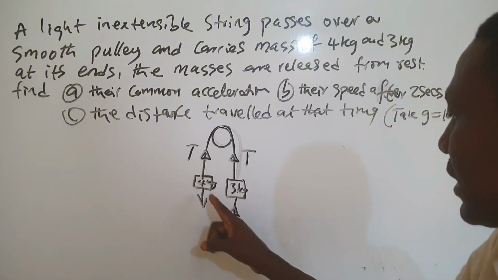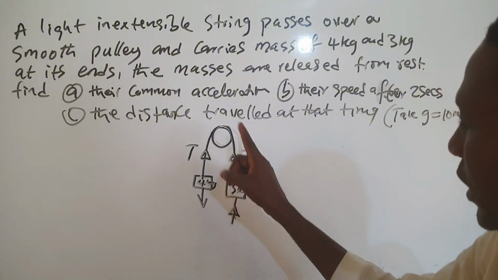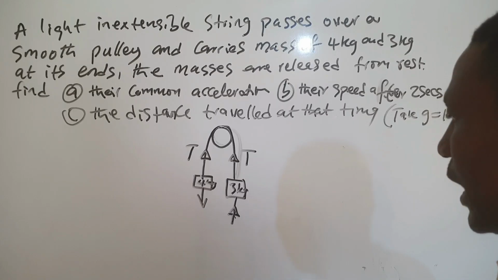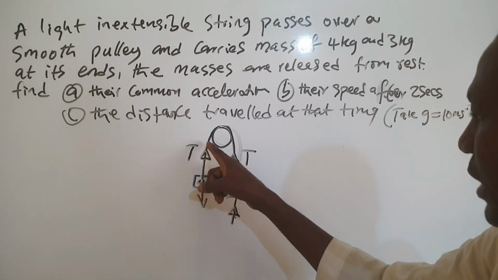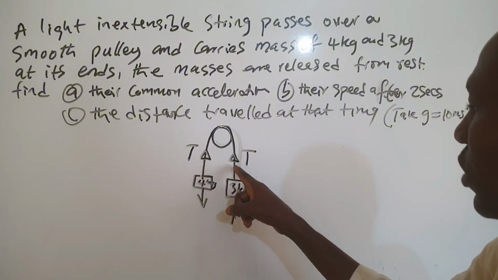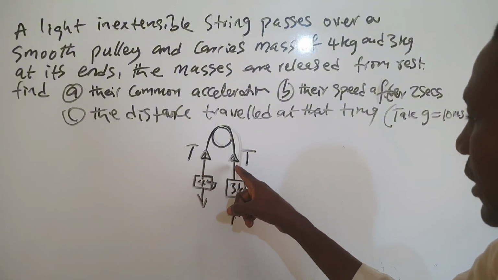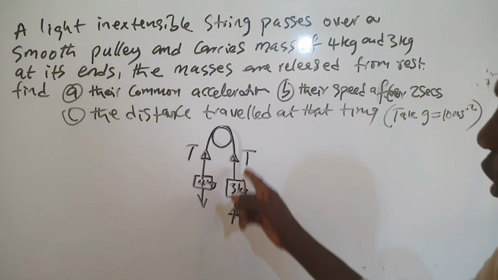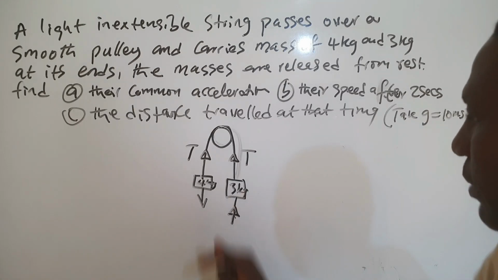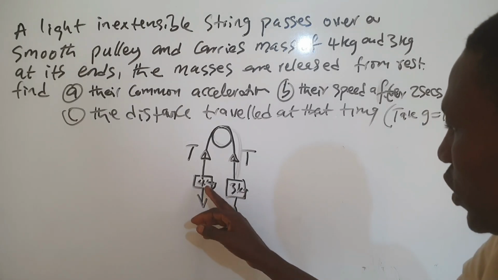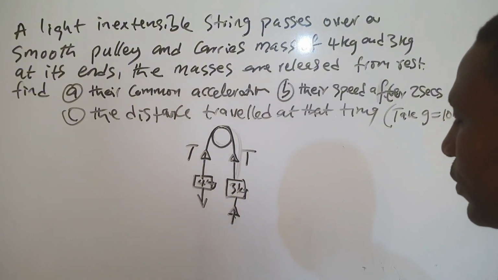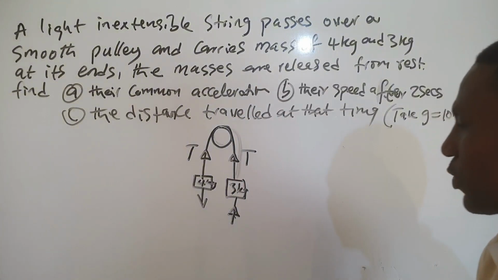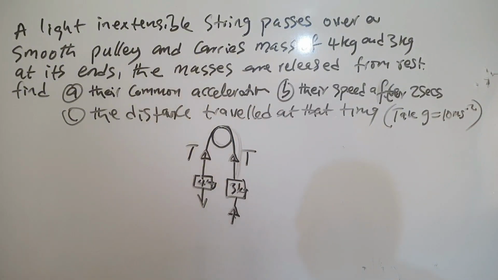As this one is going down, the other one is going up with common acceleration. The same tension that is acting on this one will be the same tension acting on this one, because the rope is common to them. The speed at which this one moves down will be the same speed at which the other moves up. So that is what this diagram is telling us.